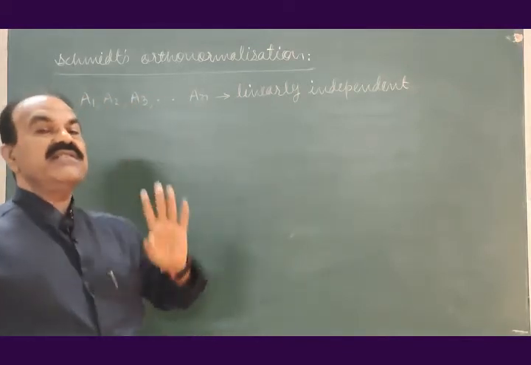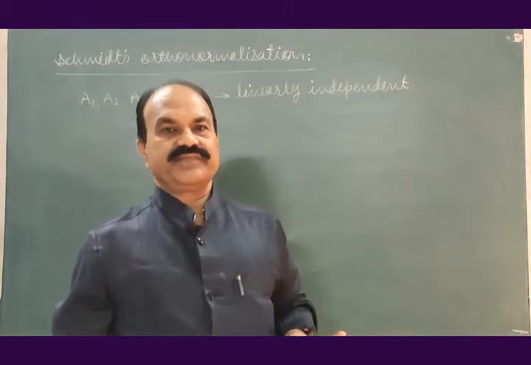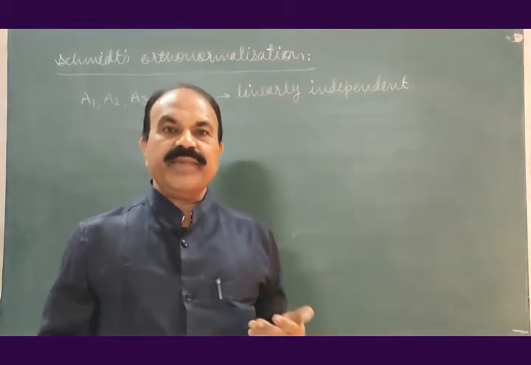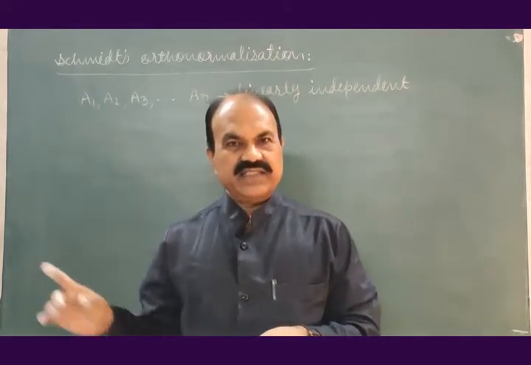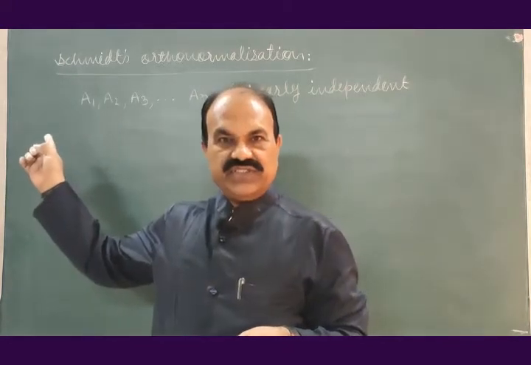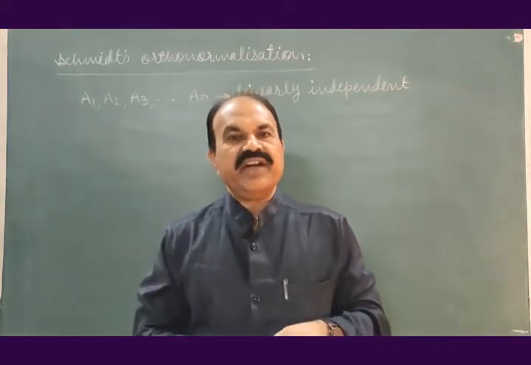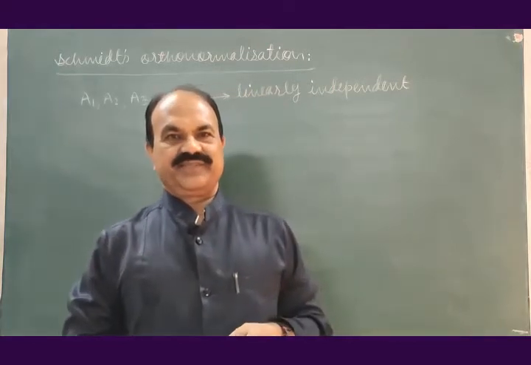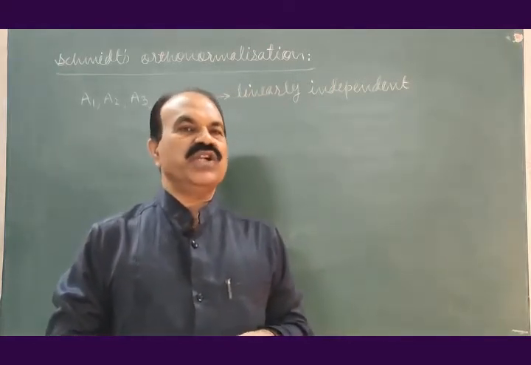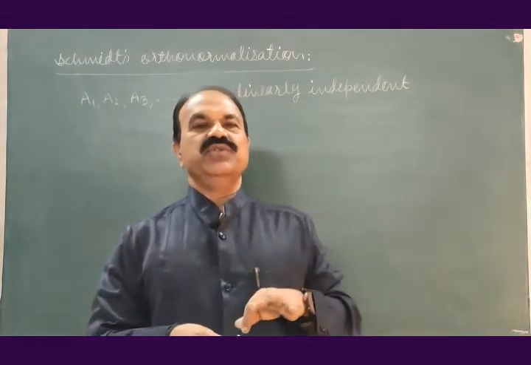Some of these vectors may be orthogonal to each other, the remaining may not be orthogonal to each other. It means that all of the vectors from this set of linearly independent vectors are not orthogonal to each other.